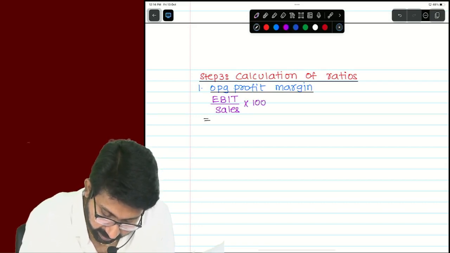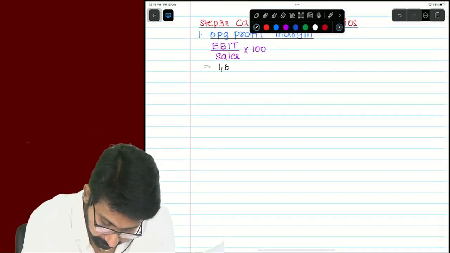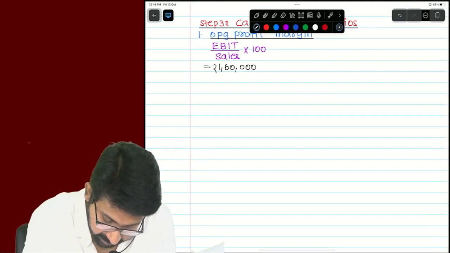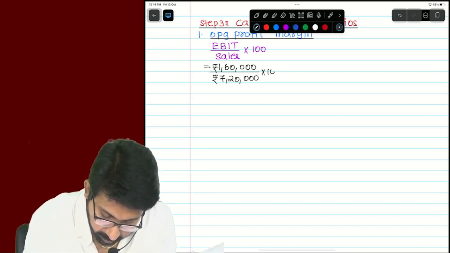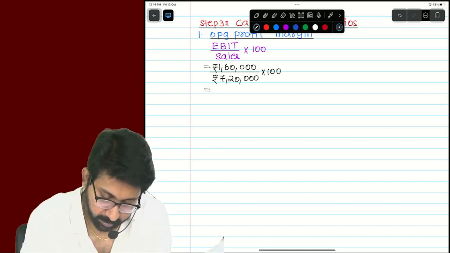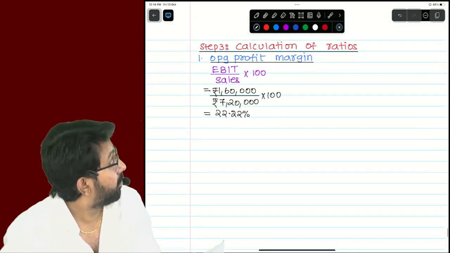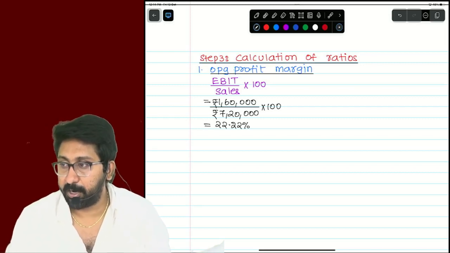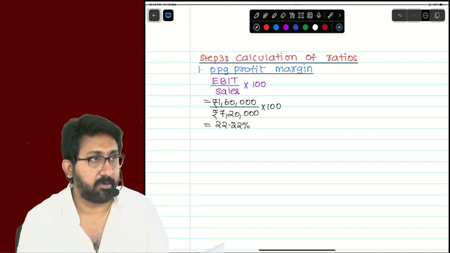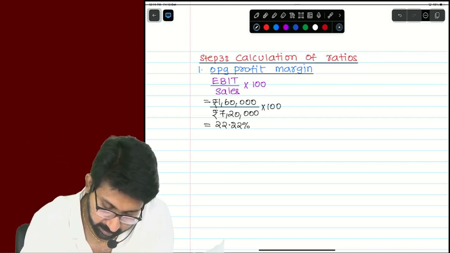All the amounts we already calculated. EBIT 1,60,000 divided by 7,20,000 into 100, 22.22%. Operating profit margin, EBIT by sales into 100, 1,60,000 divided by 7,20,000 into 100, 22.22%.